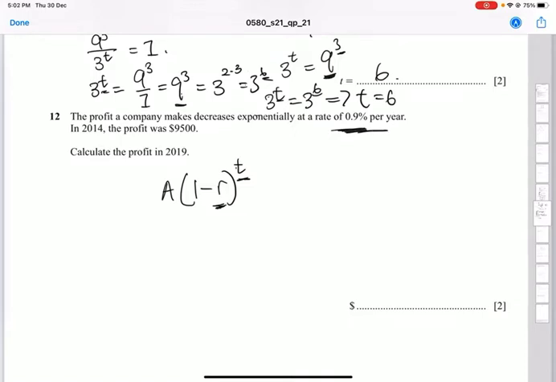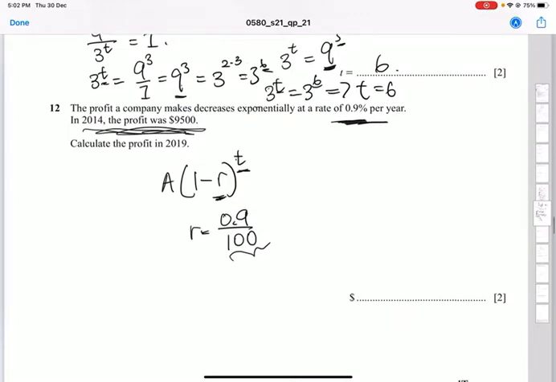So you know that the rate should be something like 0.9 over 100, to express it in fractional form. And it says here in 2014 the profit was 9500, and the profit decreases from 2014 every year. So the base case is 9500. So the initial time, at t equals 0, meaning initially a should be 9500. That's your initial value.